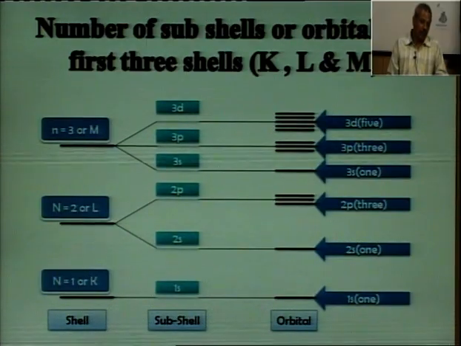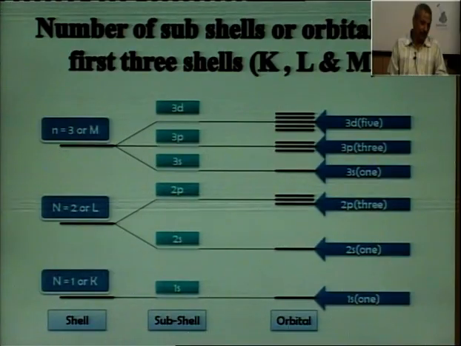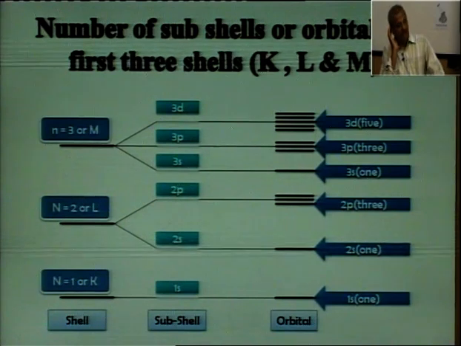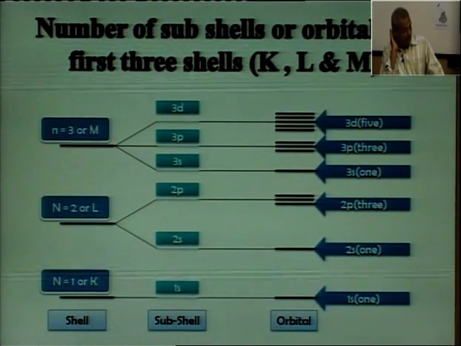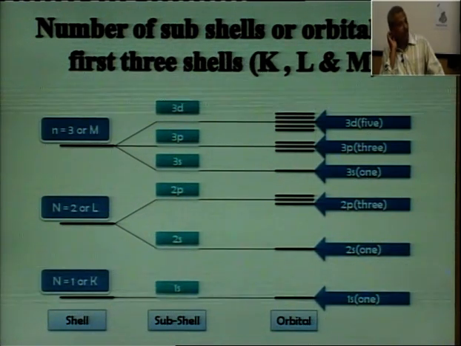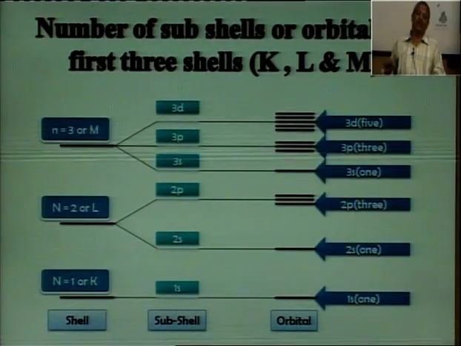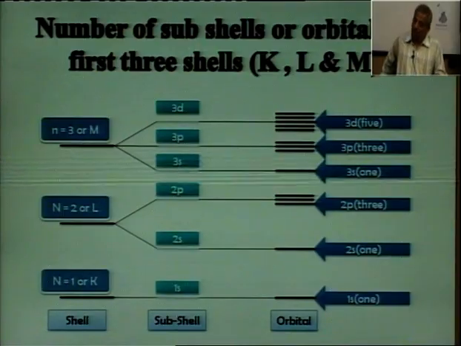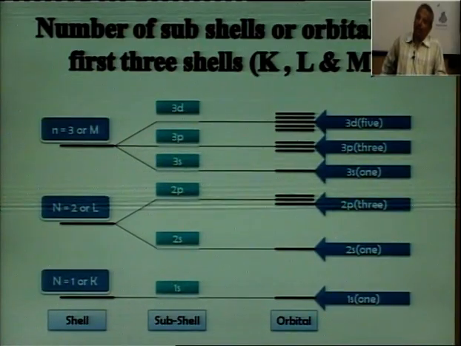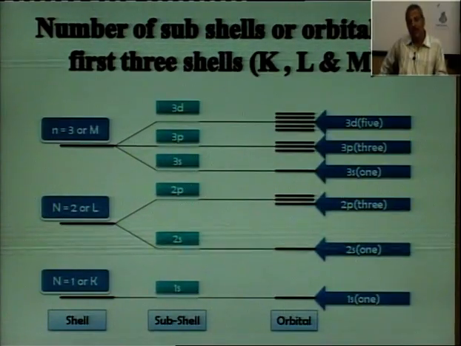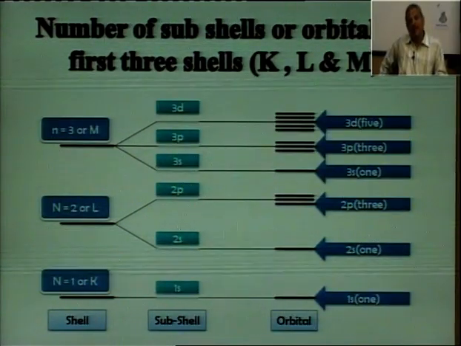If the value of the azimuthal quantum number is 0, then the electrons are present in the 2s orbital. If the azimuthal quantum number has the value 1, the electrons are present in the p level.